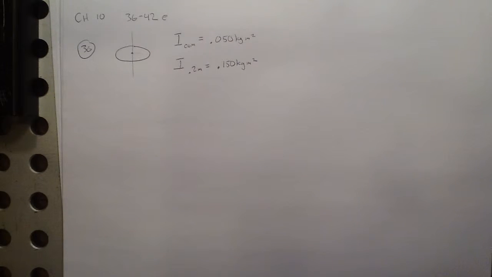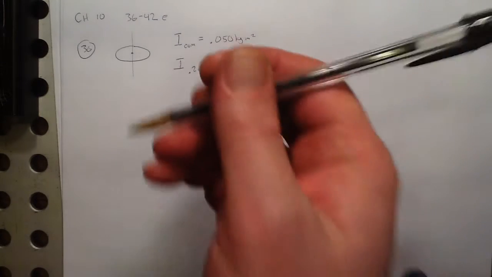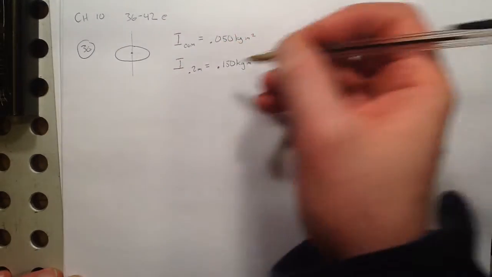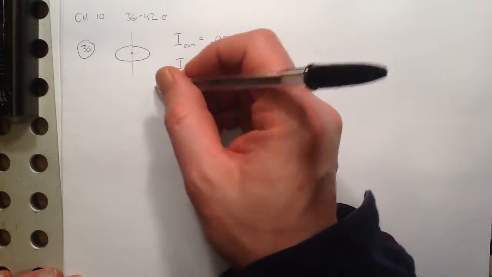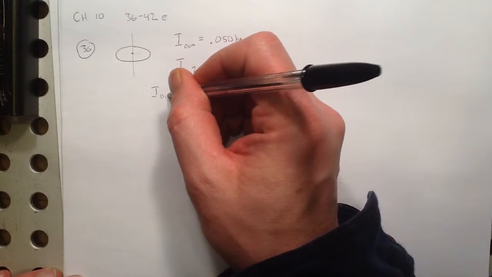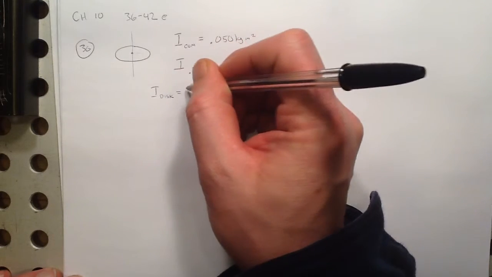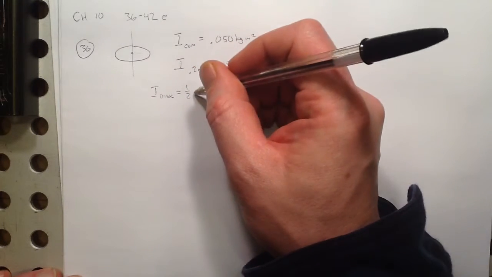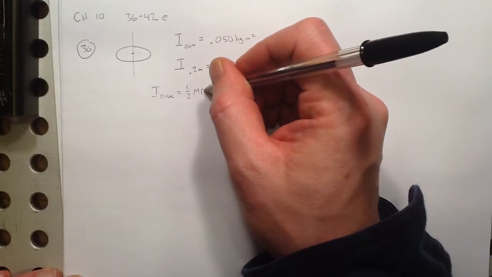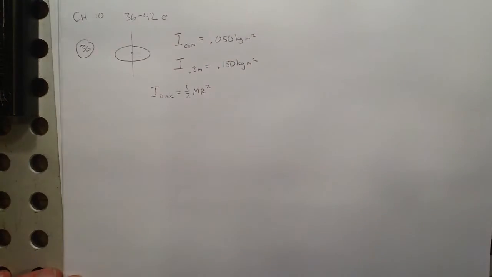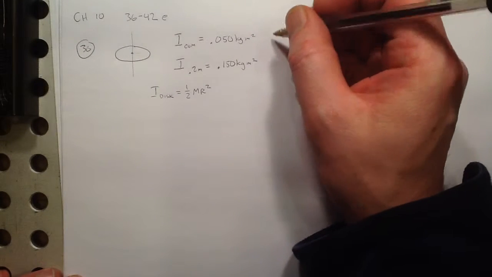Now this is a disk, so we know that the rotational inertia of a disk about its center of mass, a disk is just like a really flat cylinder, is 1/2 mr squared, where r is the radius of the disk. They haven't given us what the radius is, but I think that will be okay without knowing that.